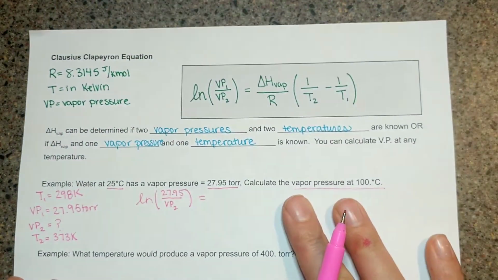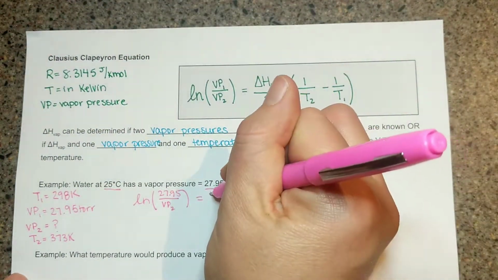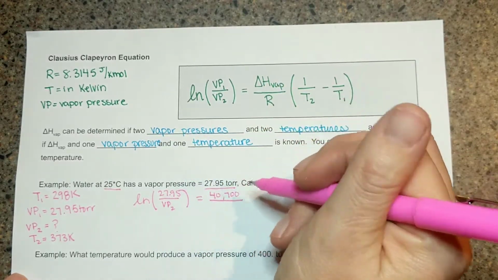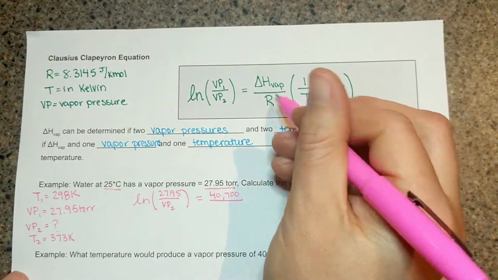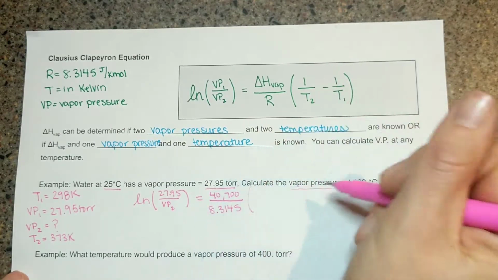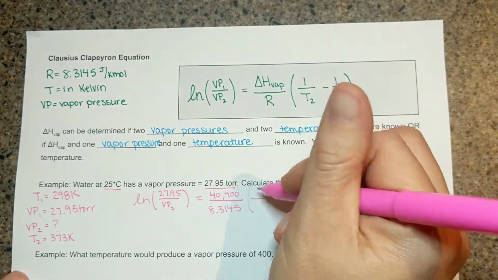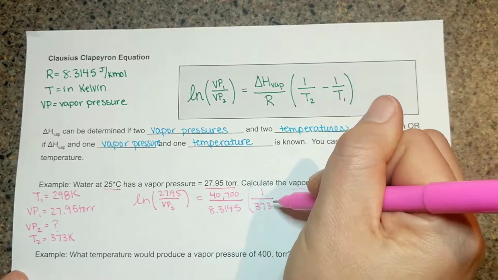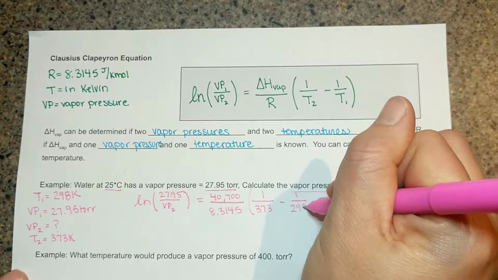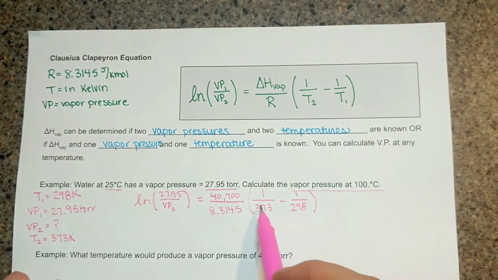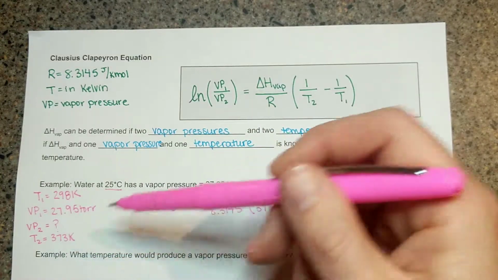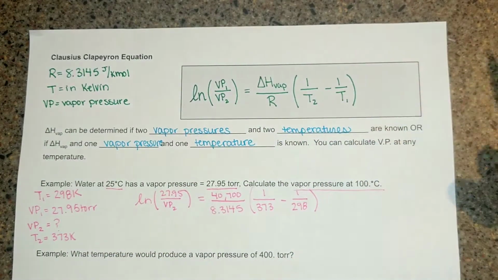So that's 40,700 joules per mole. My R value is 8.3145 times my temperature: my second temperature of 373 Kelvin minus my initial temperature of 298 Kelvin. It doesn't really matter which one you choose as your T1 and T2, as long as you're consistent in the formula.